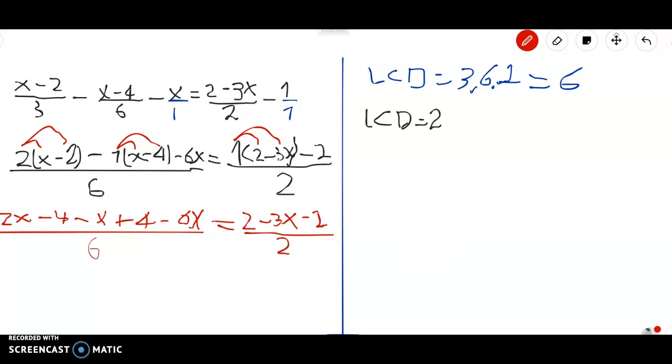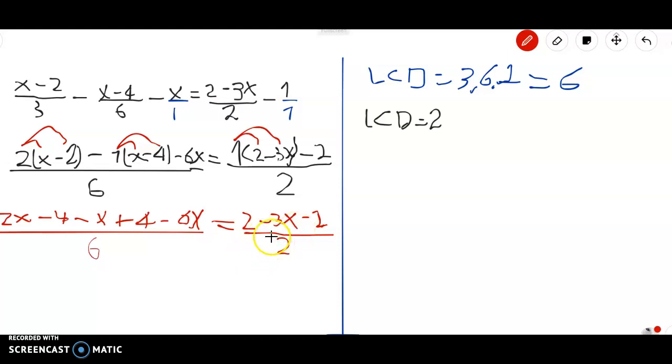Now, here we have a special case, because here we have variables to the left and variables to the right, but we have denominators. We have a 6 here and we have a 2. So what do we do in this case? In this case, we have to cross the denominators, so we take 2 to multiply all of these, and the 6 to multiply all of these.